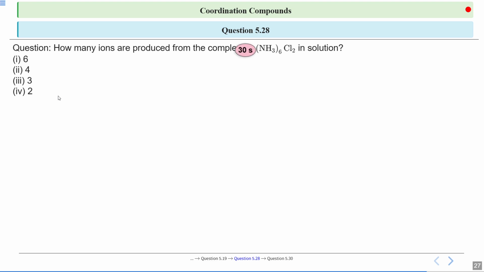So you have some time, try to solve this and then we will see the correct answer. Okay, let's see.